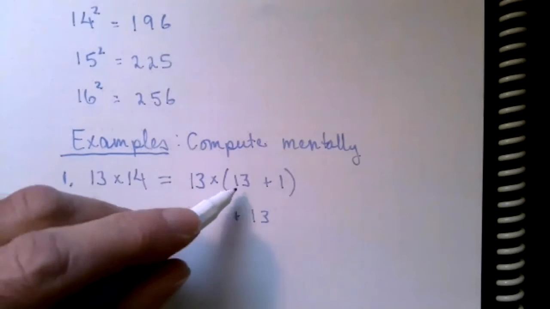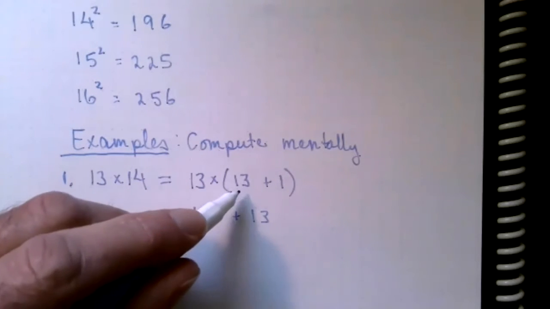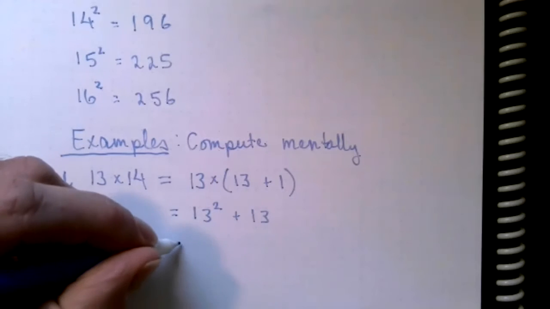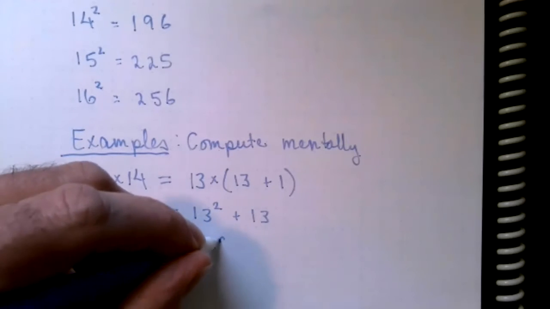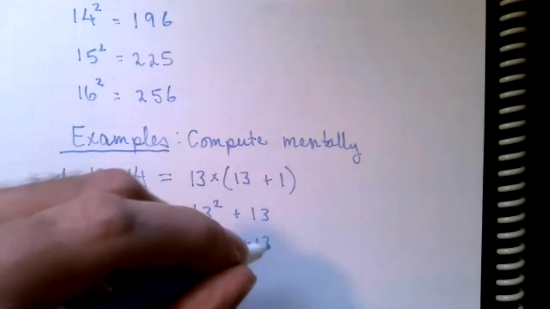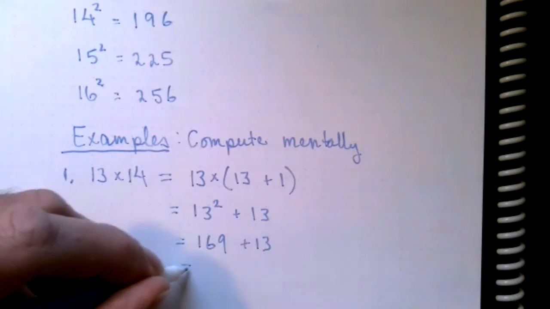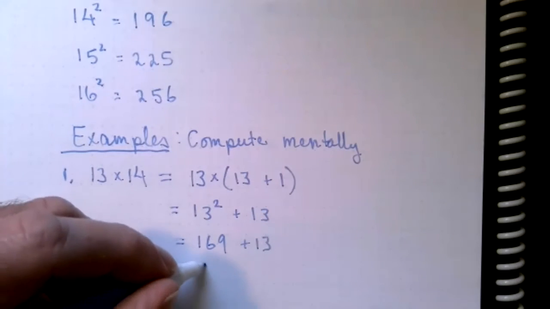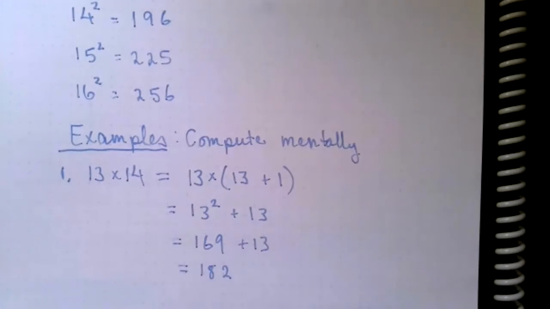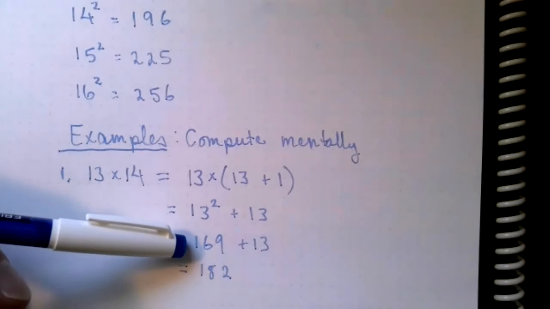So by the distributive property, this would be 13 times 13 plus 13 times 1. We know what 13 squared is because it's on our list of squares. It's 169. And 182. Okay, how did I get the 182 here from this line?